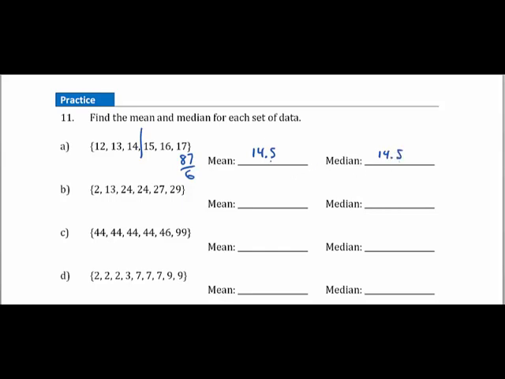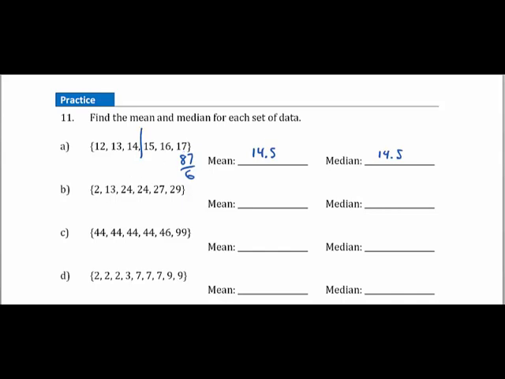So is it a coincidence that the mean and the median were exactly the same? This data set goes from 12 through 17 going up by 1, so it's evenly distributed. The mean and the median will be the same since all the numbers are evenly spaced apart from each other. So this is an example of a non-skewed data set.